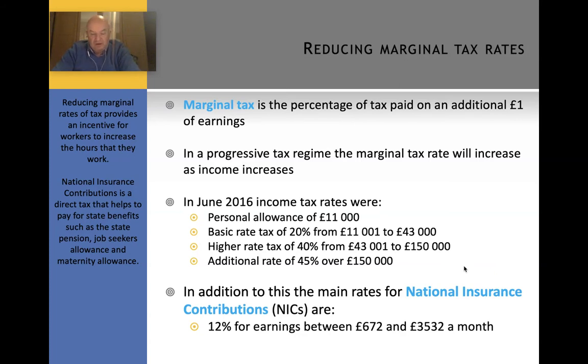So in addition to your 20-odd% or however many percent tax you pay on any earnings, you also pay 12% of your earnings in national insurance as well. And it's 2% in addition to that 12% for any earnings over 3,532 a month.